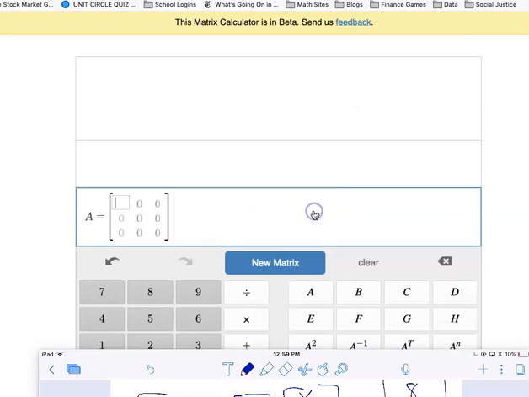So 3 by 3. Row 1: 2, 3, negative 5. Row 2, we had 1, 2, 3. Row 3, we had negative 5, negative 3, 10.